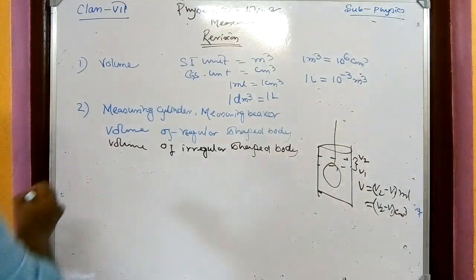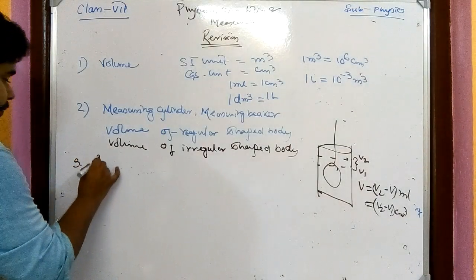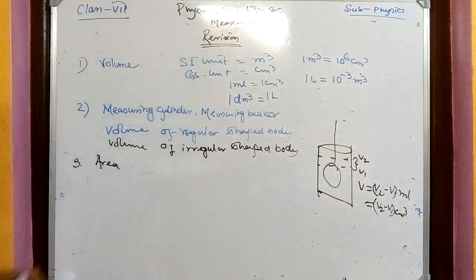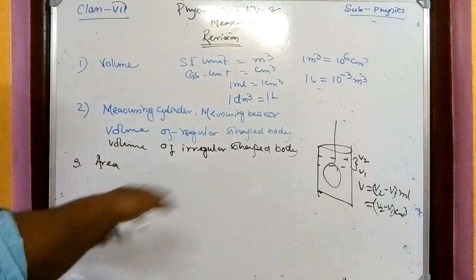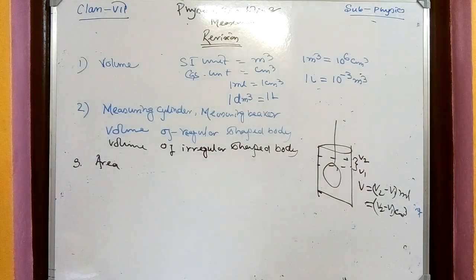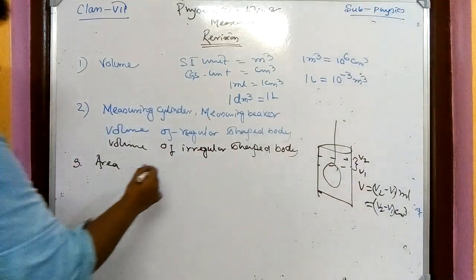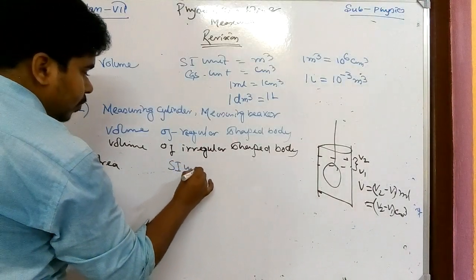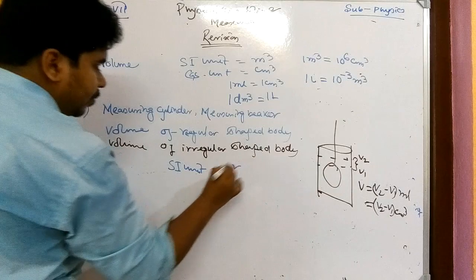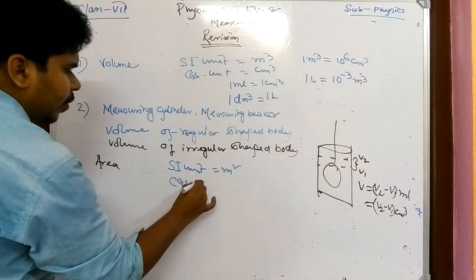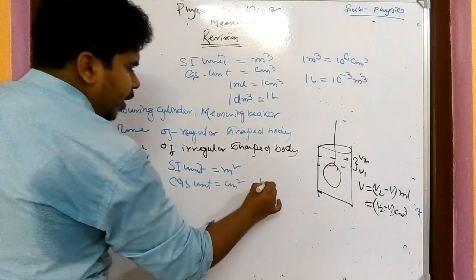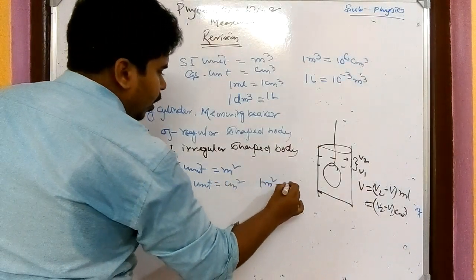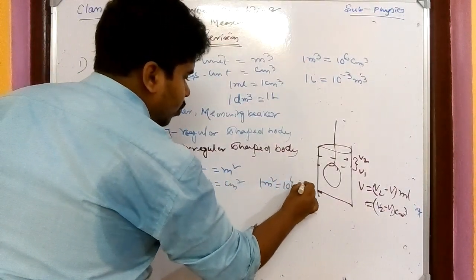Now we have come to what is area. How can we find the area? We all know that the space occupied by an object on a surface is known as area. Unit: SI is meter square, CGS is centimeter square, and 1 meter square equals 10 to the power 4 centimeter square.